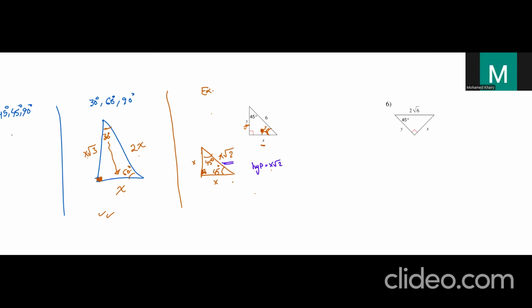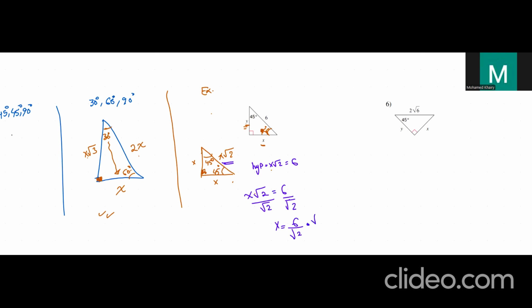So I'm going to just take x radical 2 equals 6. I want x alone, so divide by radical 2, divide by radical 2. So x itself equals what? 6 divided by radical 2. Can I keep radical 2 in the denominator? No, we will not. So we will rationalize the value.